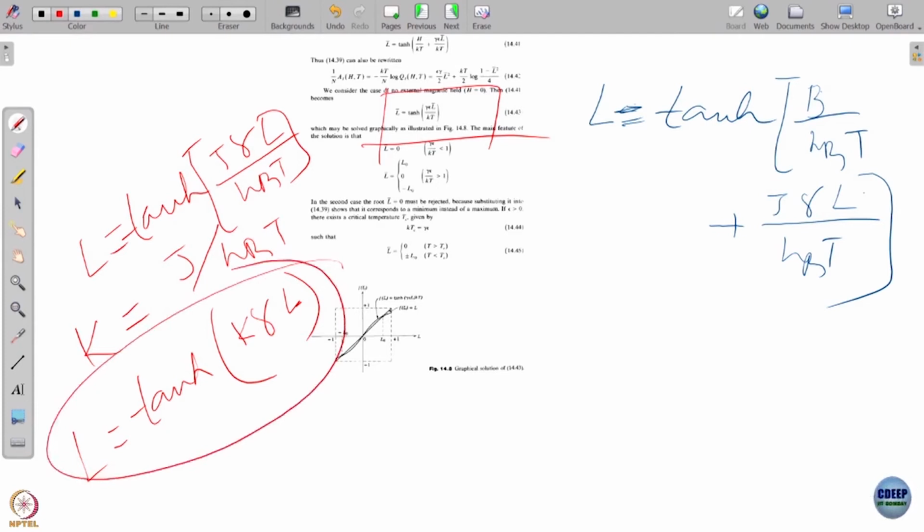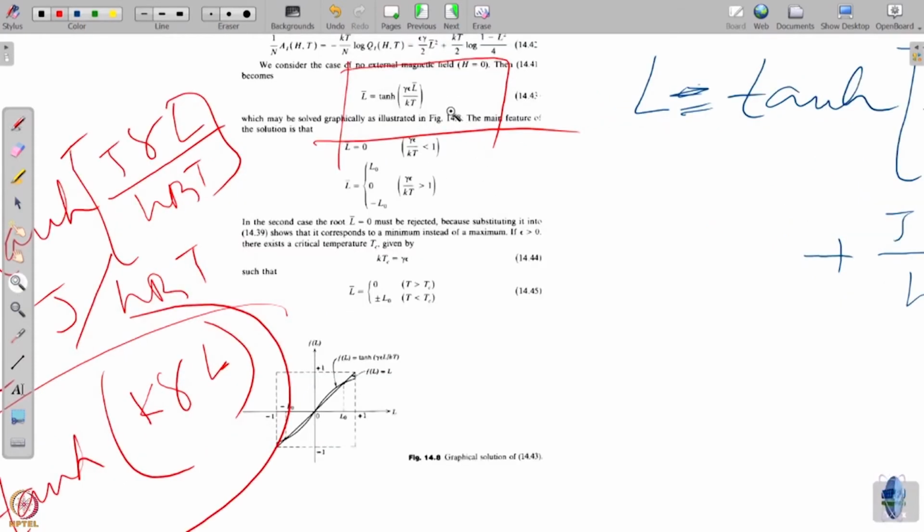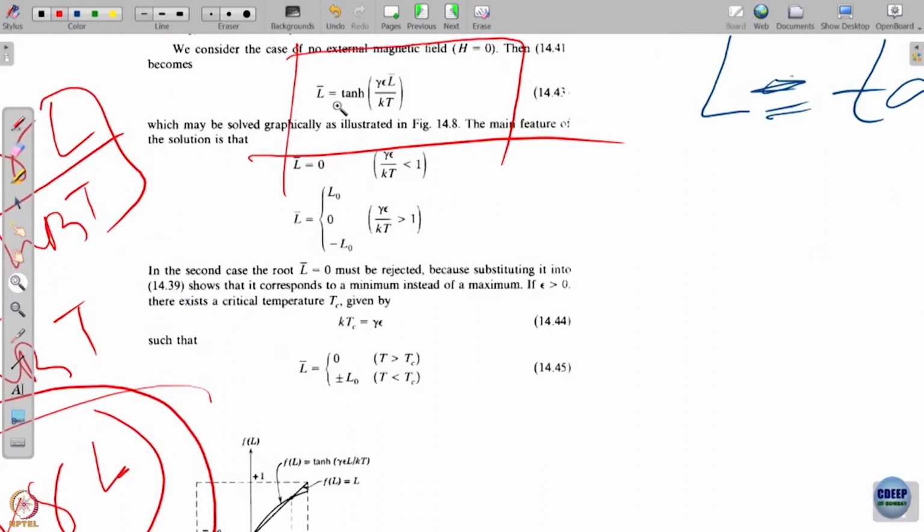Lo and behold, this has a beautiful phase transition scenario, which is described here: the only solution of this equation, when the temperature is high, so gamma J by kBT is less than 1, is L average, which is the maximum term.